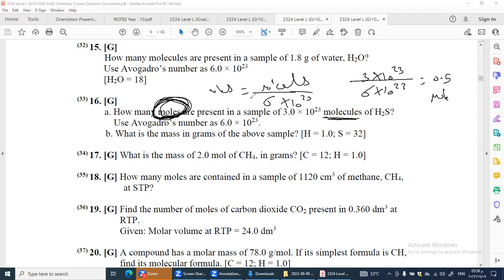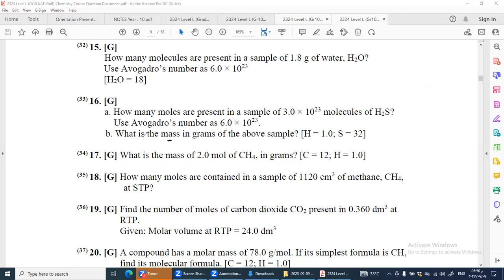اوكي. طيب number B. What is the mass in grams؟ عاوز الماس، وهنا جايب عندي ال H2S. طيب نفكر كده مع بعض. هو عاوز ماس صح؟ اللي احنا جبناه هنا moles. قلنا how many moles؟ 0.5 mole. طيب احنا قلنا number of moles is equal to mass over molar mass.